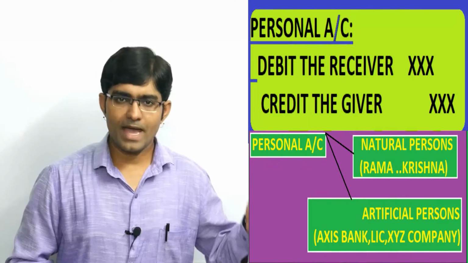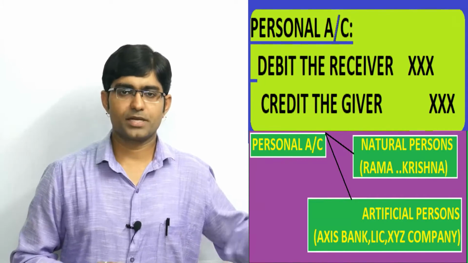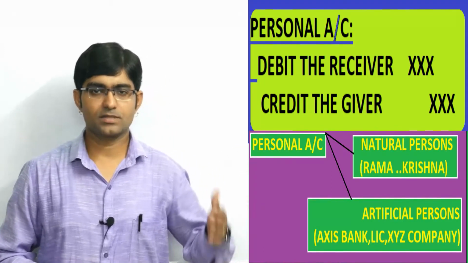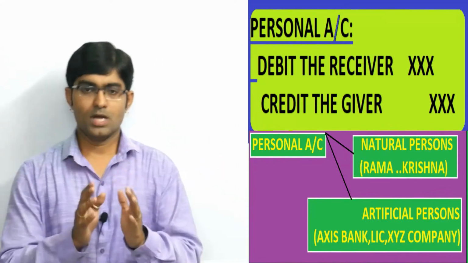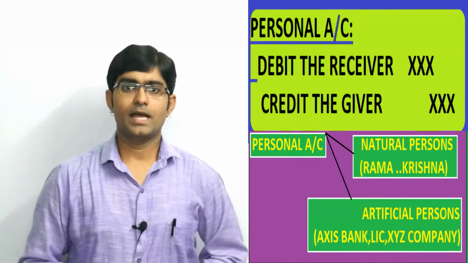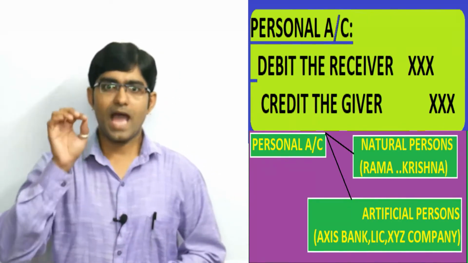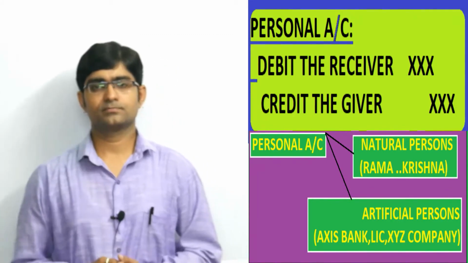Example, Andhra Bank, Axis Bank, LIC, Life Insurance Corporation, similarly Sony Company, Apple Company, all these come under artificial person names. So, whenever the name of a person appears, we have to apply this personal account rule.